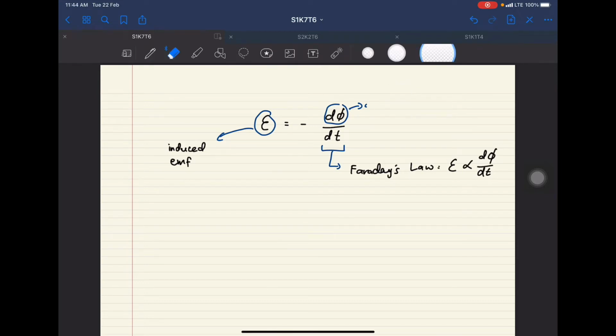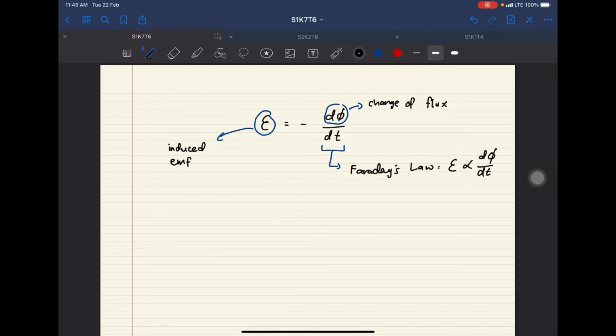And if you still remember from the previous video, flux is represented by BA cos theta, right? So if any of the quantities B, A or theta changes, then you will have a change in flux, and eventually you have induced EMF.